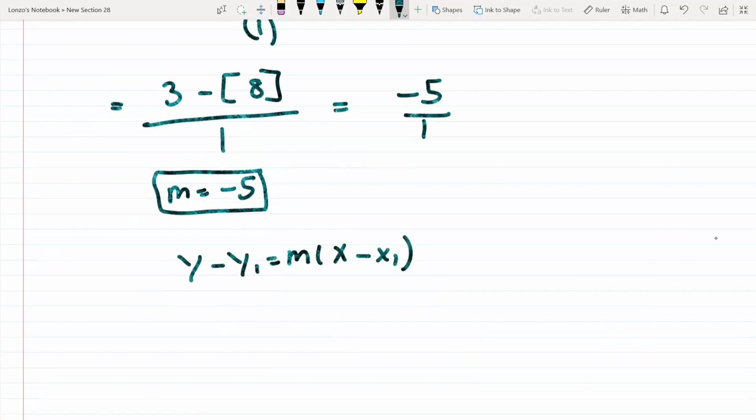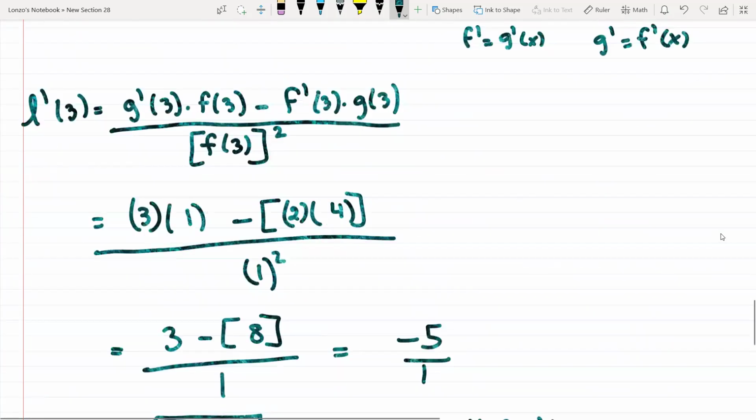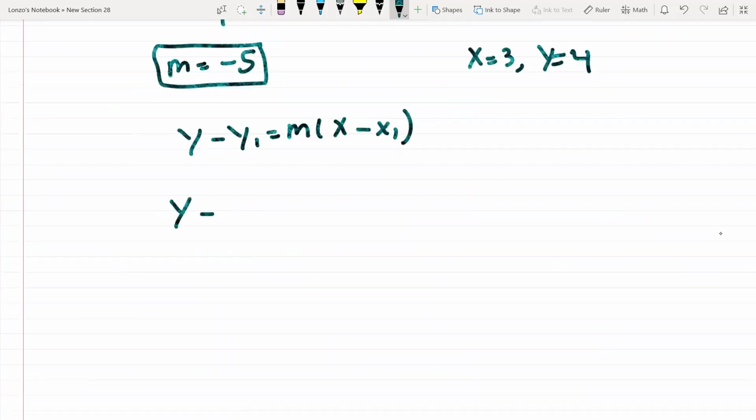Okay, so our m is negative 5, and our coordinate is x equals 3 and y equals, what is y? Four. So m is negative 5, and then it's x minus x1, which is 3.